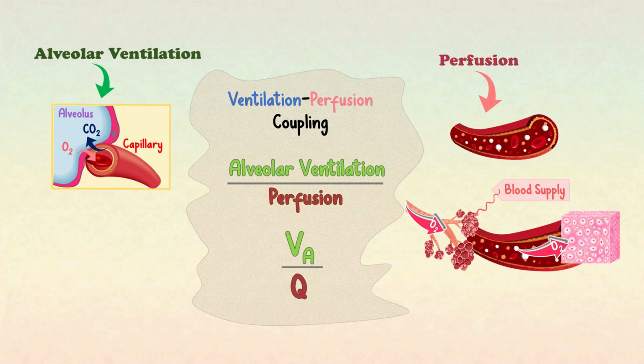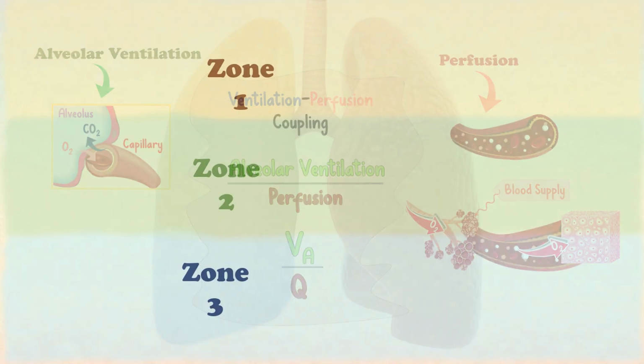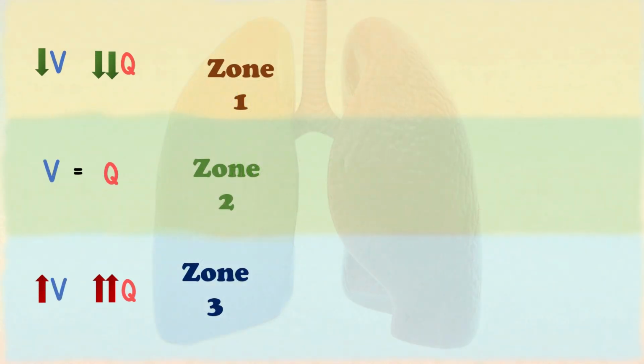Both increase from apex to the base of the lung, but the change in perfusion is a lot more than that of ventilation, and this causes a higher ventilation-perfusion ratio at the apex and a lower ventilation-perfusion ratio at the base of the lung.